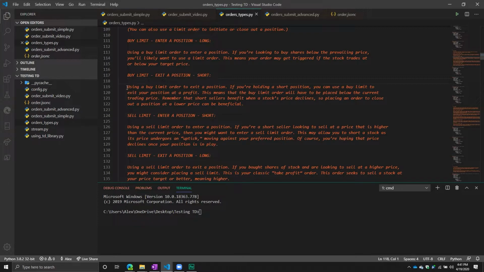And so with this one, your price is below it. And so here you're saying, hey, I'm not going to be greedy anymore. I've made enough profit on this particular trade. I'm going to say, okay, once it goes below a certain price, I've made my profit. And because of that, I'm going to exit my position. So in this case, we're using that buy limit order to exit our short position.